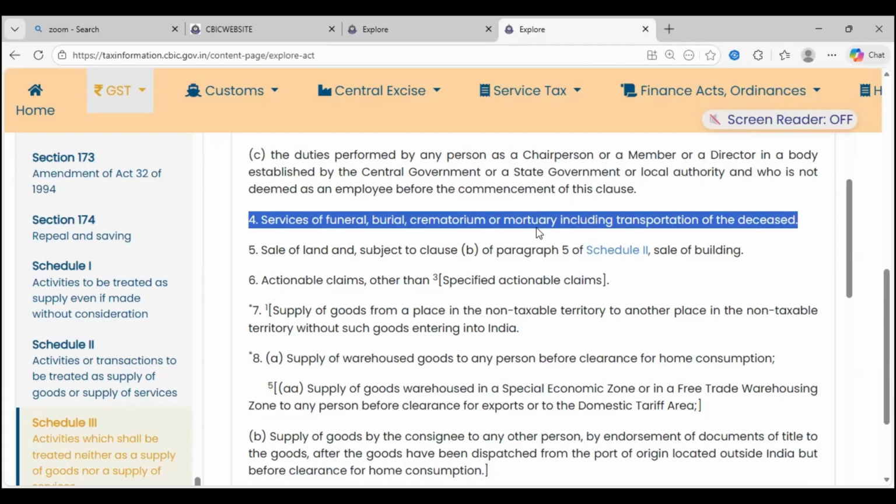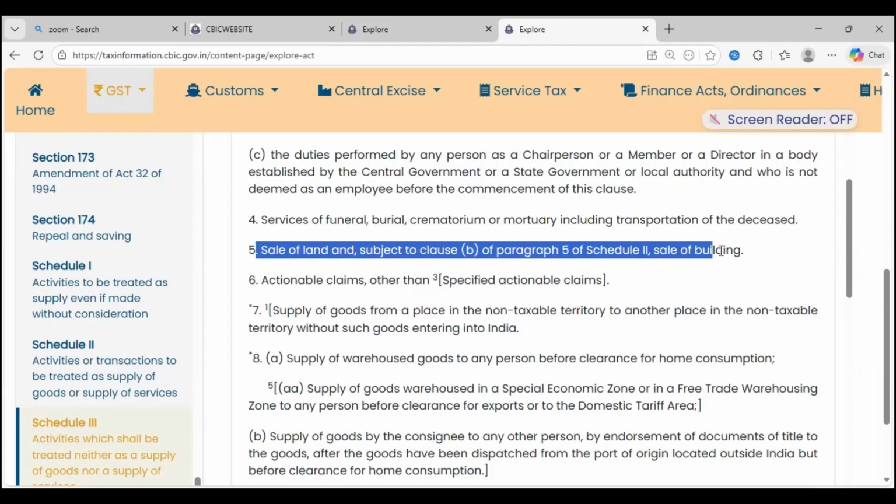They said there are high society people who do even the funeral in a big way, so why should that not be taxed? The government didn't spare even the deceased, because the funeral is celebrated with big pomp. They wanted to levy service tax on that, but they made a big blunder. Within a week's time, that was withdrawn. So by default, it is a non-GST supply.